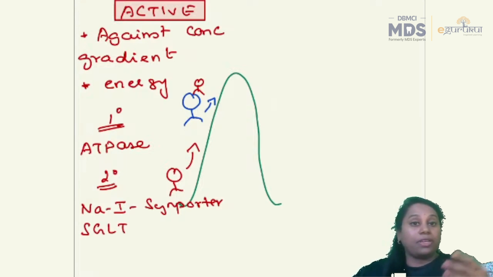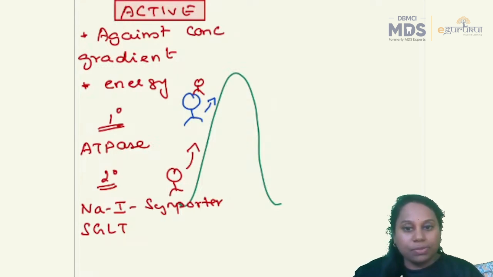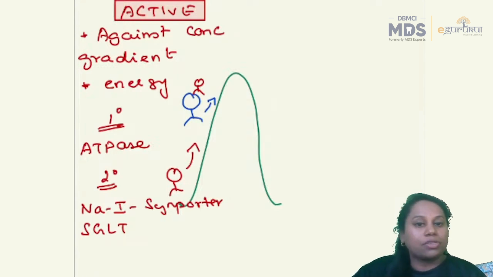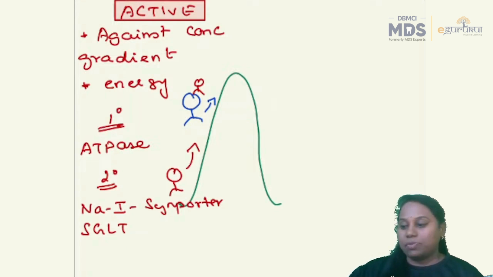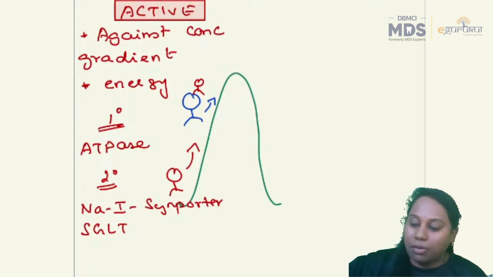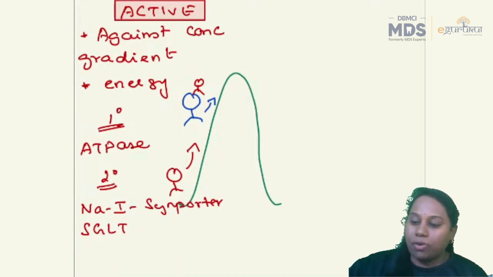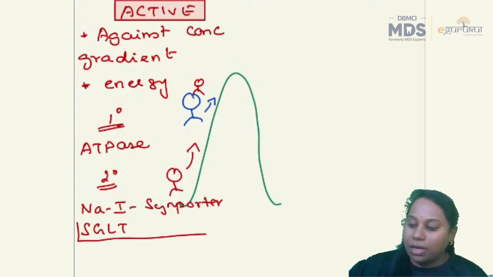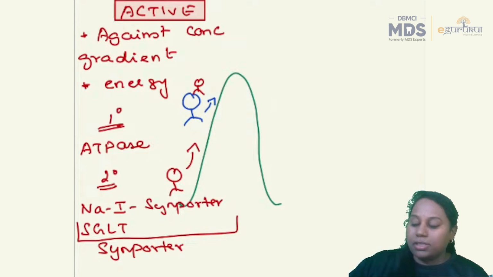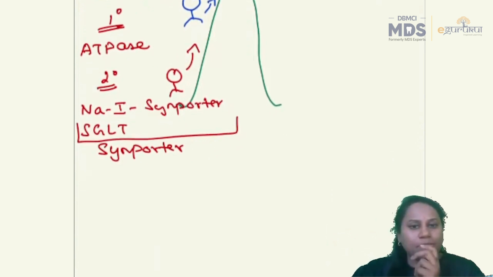What are the different types of secondary active transport? If sodium and the substance are moving in the same direction, then it is called a symporter.